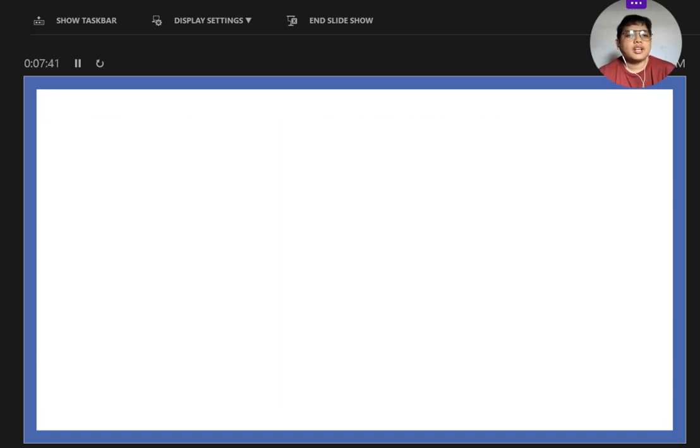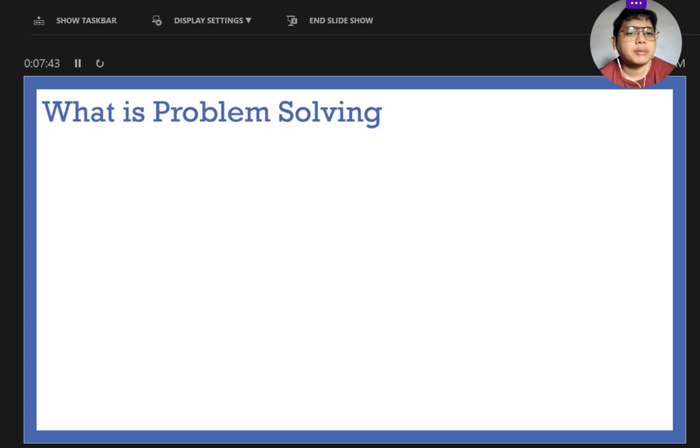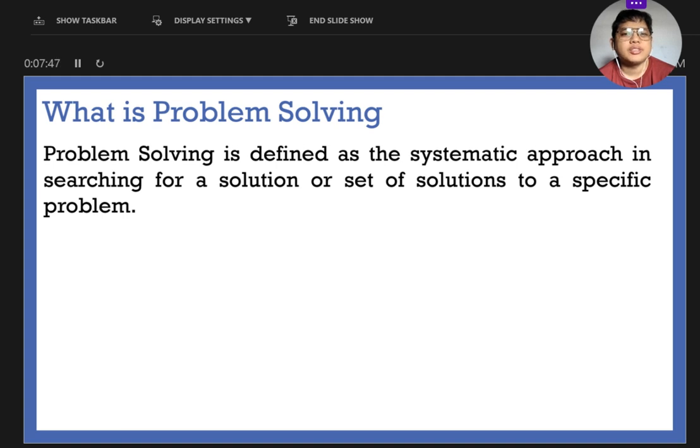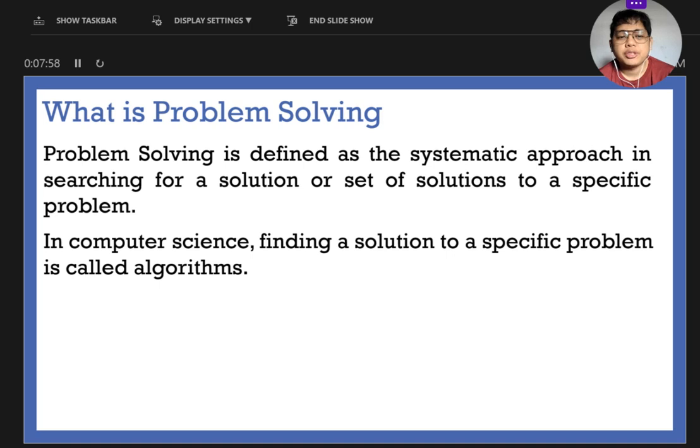To start our discussion, let us define what is problem solving. Problem solving is defined as the systematic approach in searching for a solution or set of solutions to a specific problem. In computer science, finding a solution to a specific problem is called algorithms.